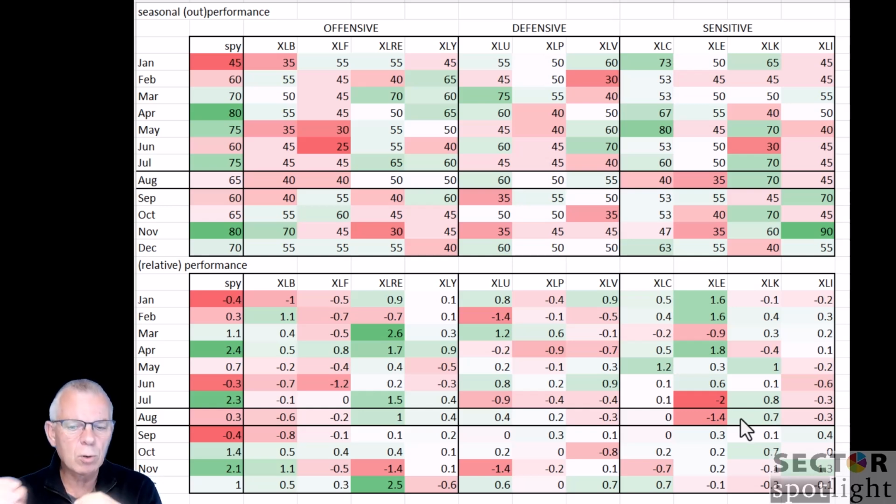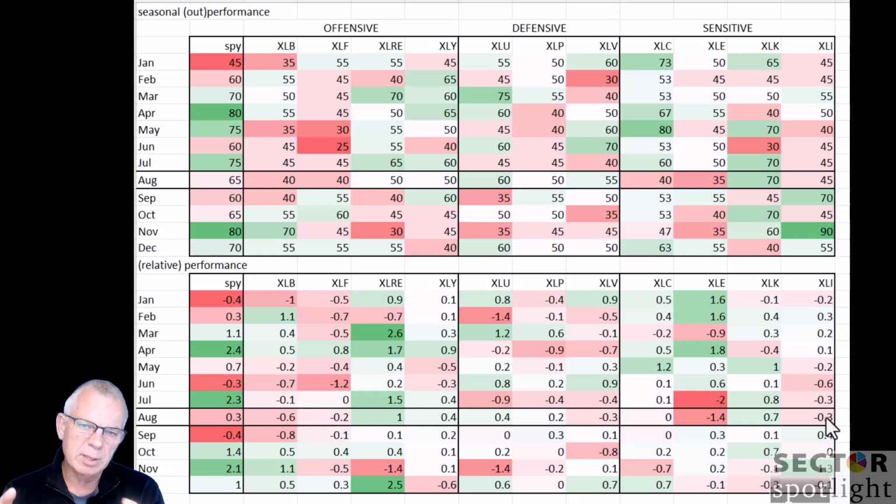That is also quite a high number. It's the second highest number after real estate for the month of August. So this suggests that the month of August usually is a pretty good month for the technology sector. And then finally we've got industrials, which is at 45%, not really a big deal, and also minus 30 basis points is not fantastic.